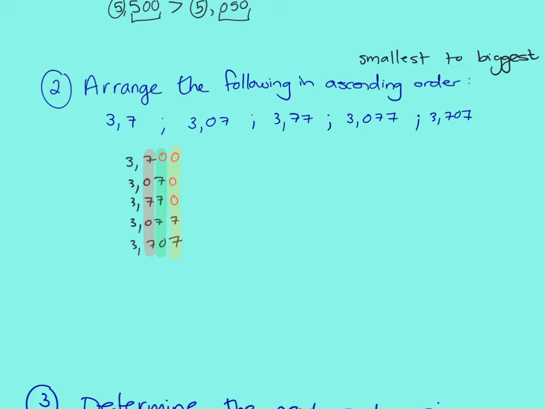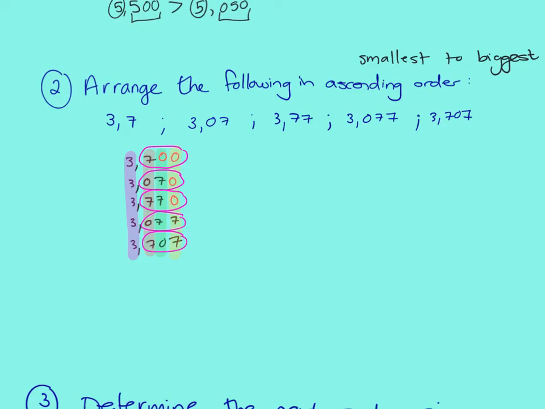Right, so then you look at the units. The units are all the same. So if the units are all the same, then after the units we look at the decimals. The bigger the unit, the bigger the number, but if they've all got the same units, then look at the decimals. So now let's compare. We have 700, we have 70, we got 770, we got 77, and we got 707.